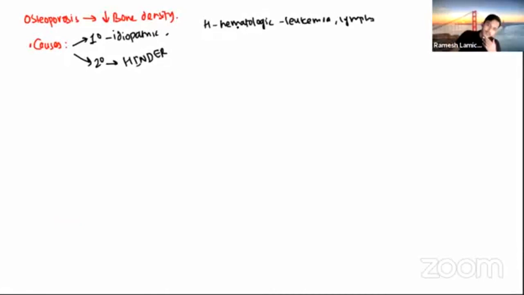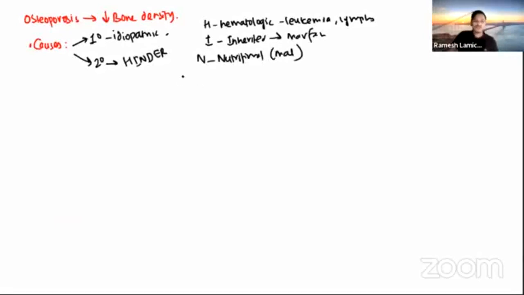I is for inherited causes like Marfan, Ehlers-Danlos syndrome, right? N is for nutrition, like malnutrition and malabsorption, right? D is for drugs, such as anticonvulsant drugs and heparin.